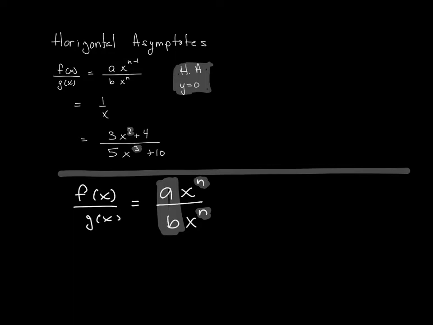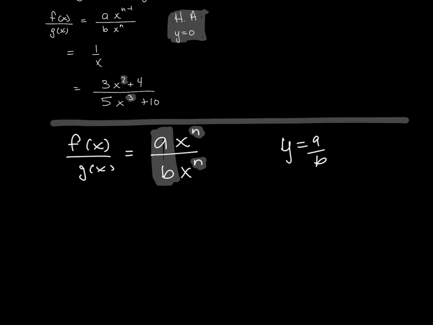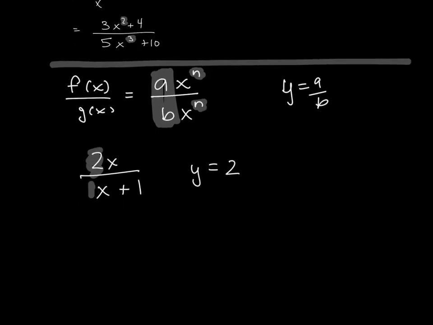So that horizontal asymptote in this case will be y is equal to a over b. Examples of this look like 2x over x plus 1. That would give me a horizontal asymptote of 2 over that understood 1. So that's just 2.